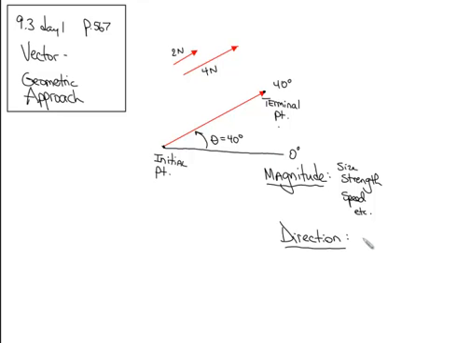The next thing that's important to understand about vectors is that these are the only 2 things that make a vector unique: the magnitude and the direction. Notice I did not say anything about the position of it. So that means vectors are portable.